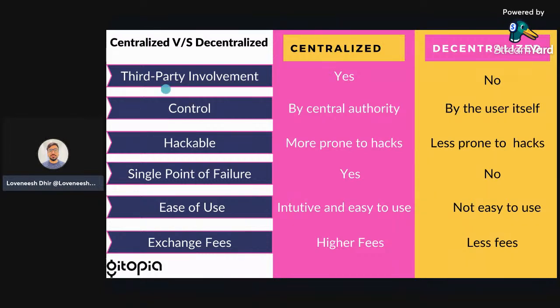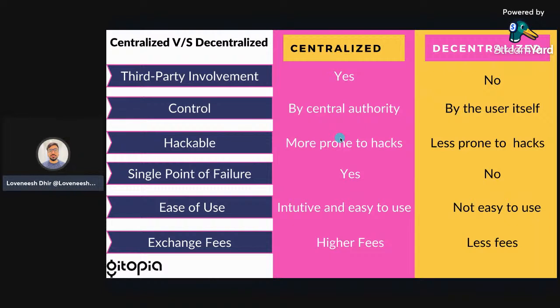There is no third party involvement in decentralized systems, and there is third party involvement in centralized systems. In a centralized system the control is by a central authority, and in a decentralized system the control is in the hands of the users.